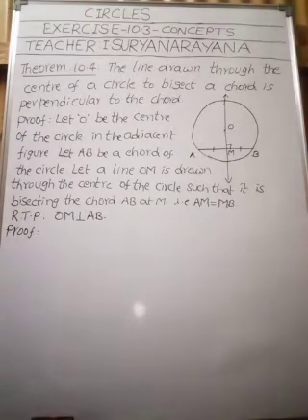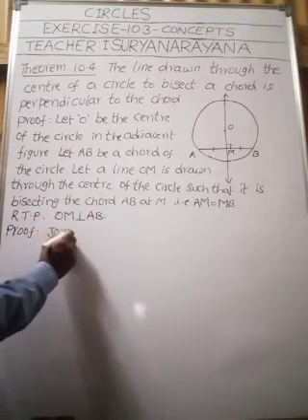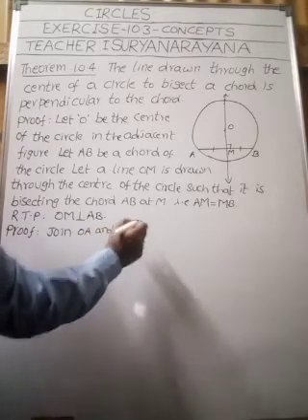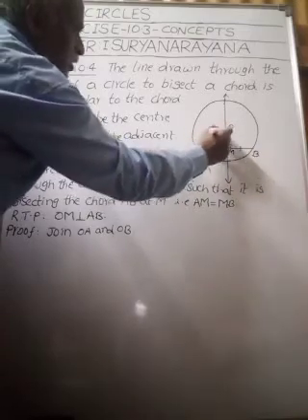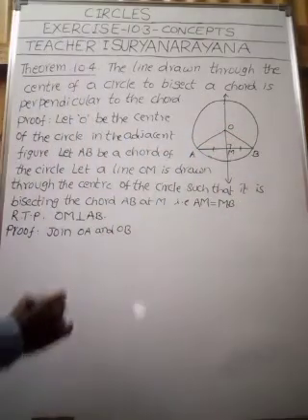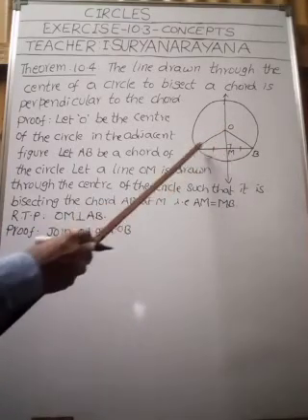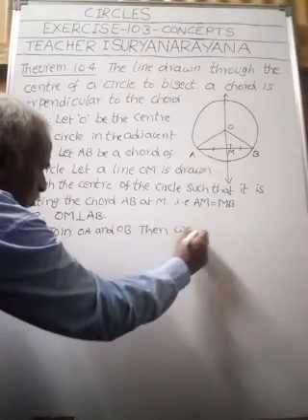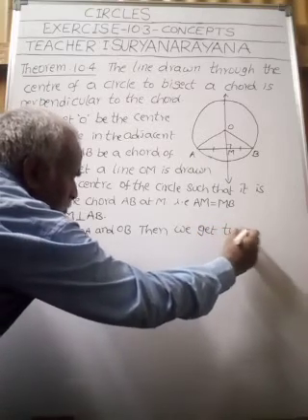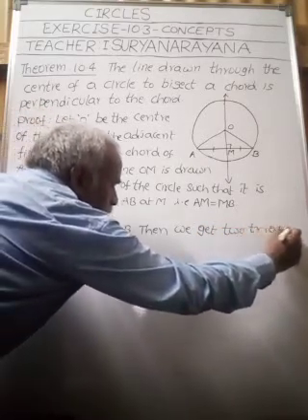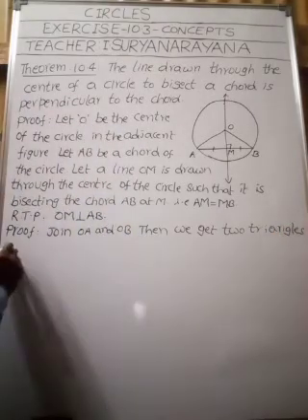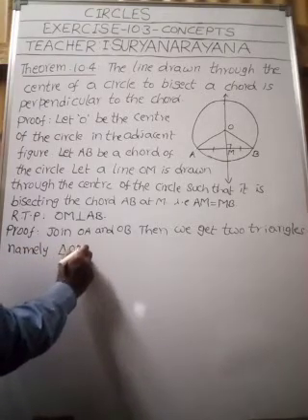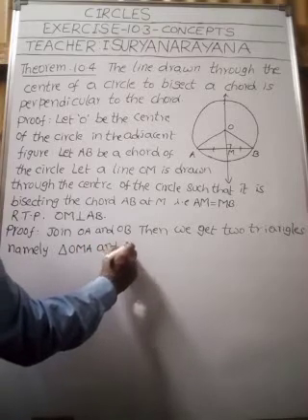Let us prove this one. Join OA and OB. Then we get two triangles, namely triangle OMA and triangle OMB.